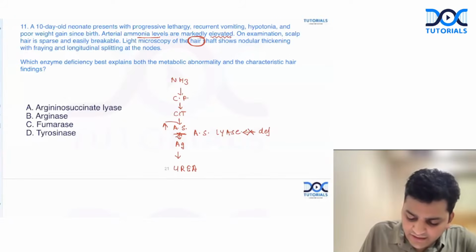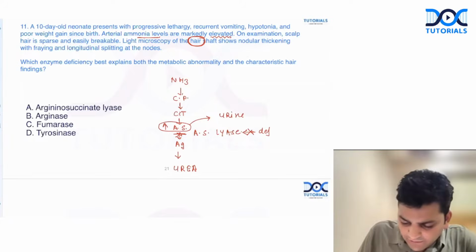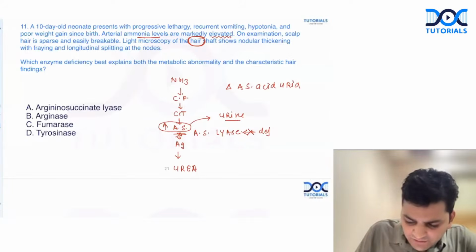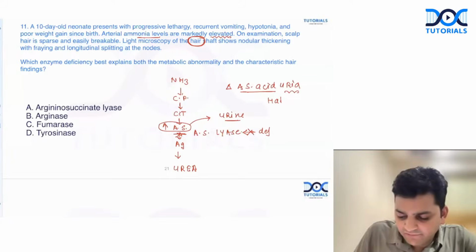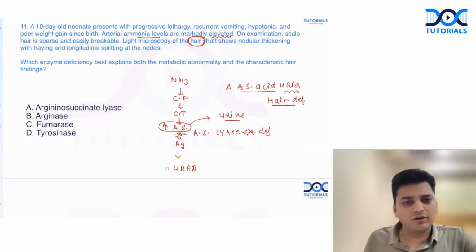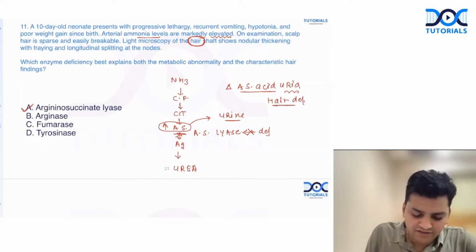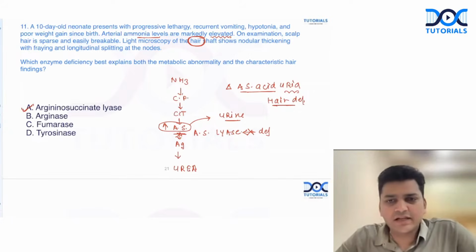The argininosuccinic acid will increase and that will start coming in the urine. This disease is called argininosuccinic aciduria. And in this disease, we are going to have the hair defects. The moment they say hair defect in urea cycle disorder, it's argininosuccinate lyase deficiency. It was a classic question.